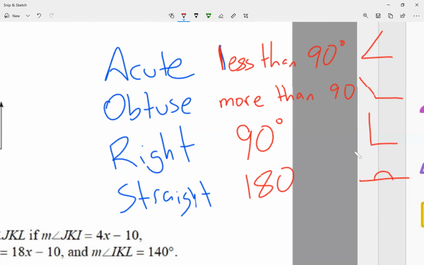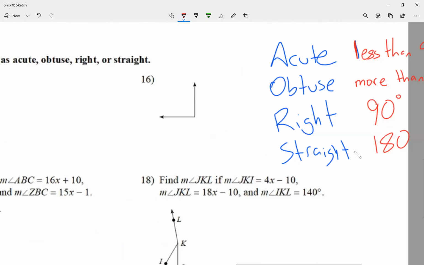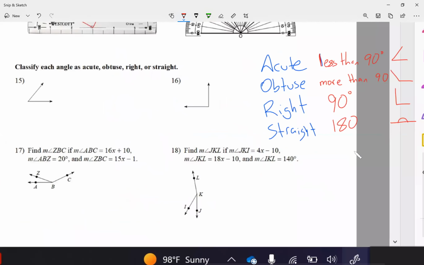So if we know the numbers, it's easy. Sometimes I'm going to ask you guys to just trust your sight. So looking at number 15, is that acute, obtuse, right, or straight? Yep, I'm going to call that acute. What about 16?